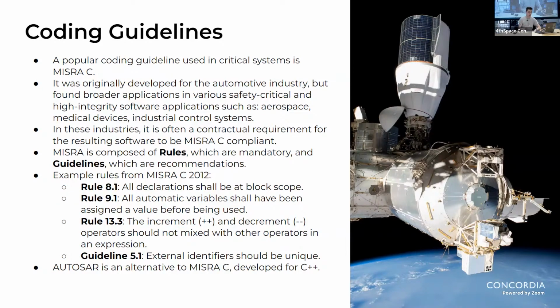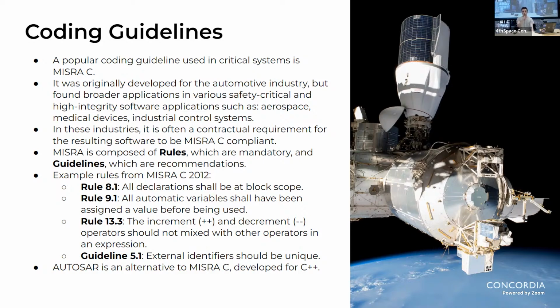All declarations should be at block scope, so you want to try to avoid global variables as much as possible. You shouldn't have any. All automatic variables should have been assigned a value before they are used. So that way, if you have an automatic variable, you already know kind of what type it's going to be. The increment and decrement operators should not be used with different operators in the same expression, the same line. So let's say you are navigating through an array, you want to move to the next step.